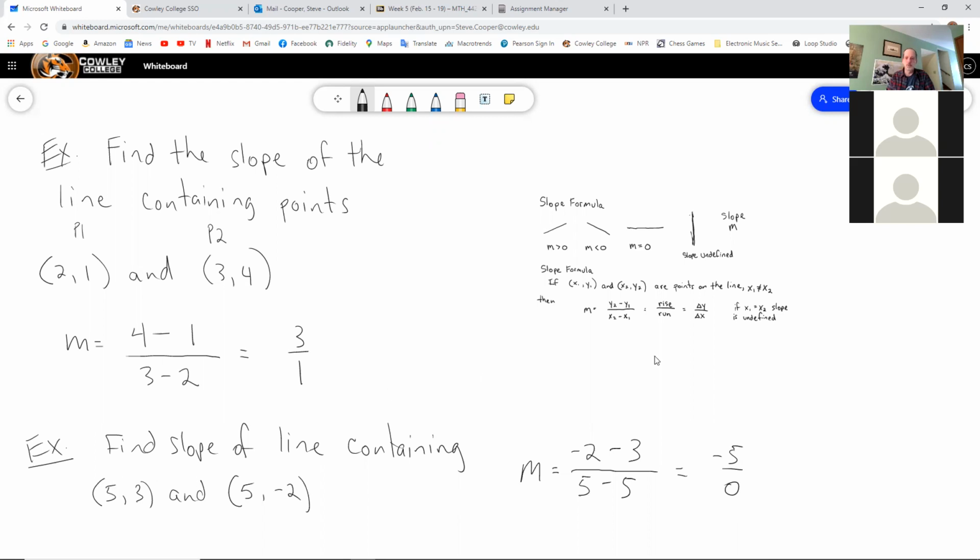But look, we broke the rule here. We said over here that if x1 equals x2, so this is point 1, point 2, and the x values are equal, well, that means that we have undefined slope. And that's why we end up dividing by 0. So if we miss that the x1 and x2 are the same, we're going to catch it here when we try and create the slope, because you can't divide by 0, so this is an undefined slope.